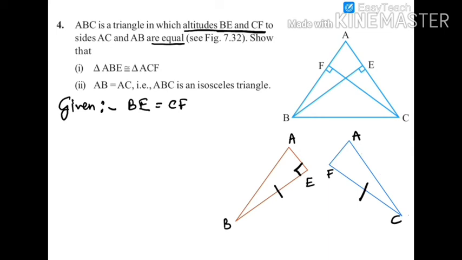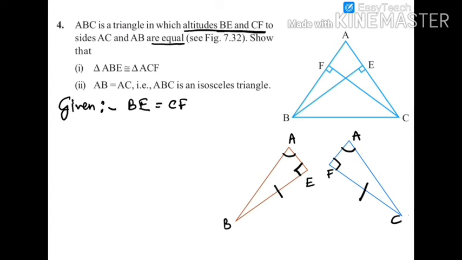Similarly, CF is an altitude to AB, so CF will be perpendicular to AF. Now the third part that we need in these two triangles to be equal is very obvious. Angle A is a common angle in these two triangles. So angle A is going to be equal. So now we have two angles and a side of one triangle equal to the corresponding two angles and a side of the other triangle. So these two triangles are congruent by angle, angle, side.